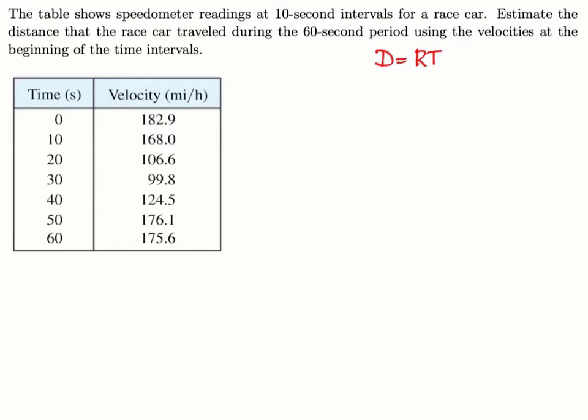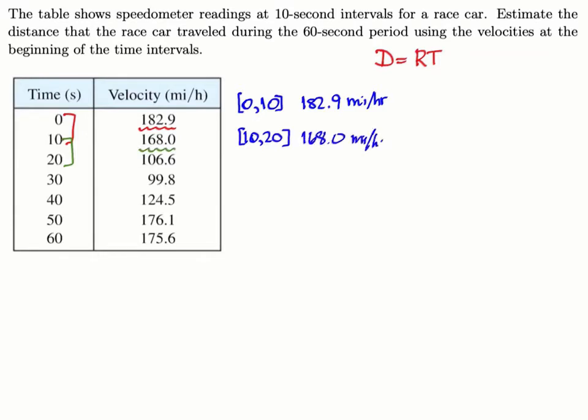to assume that the race car was going that fast for the entire 10 seconds. So for the first time interval, from 0 seconds to 10 seconds, we're going to assume the car was going 182 miles per hour on that entire interval. The second interval between 10 seconds and 20 seconds, we're going to use the speed 168 for the entire interval.